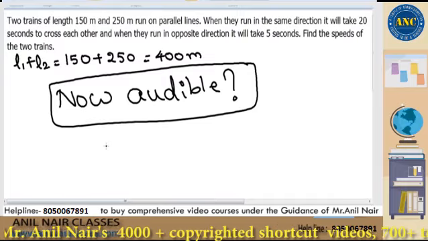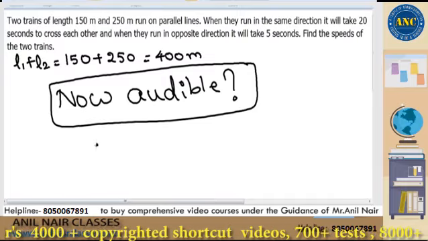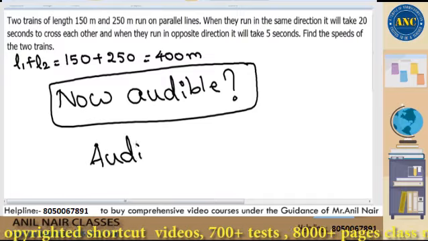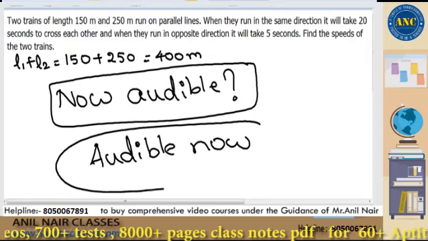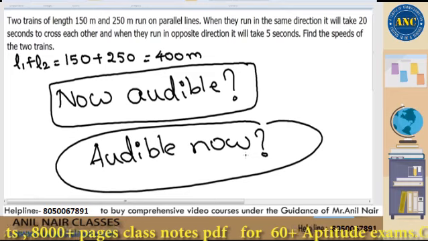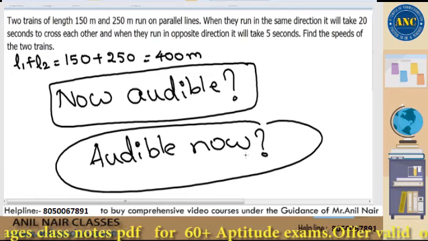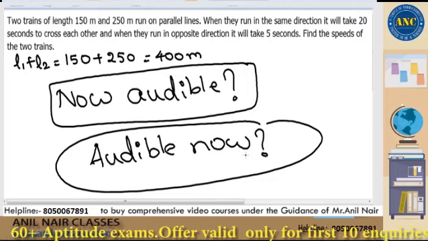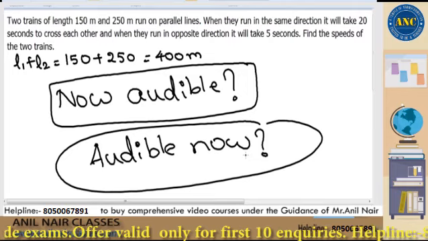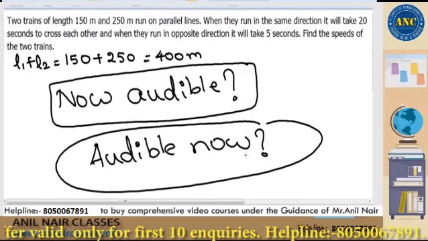I reconnected my audio system. Just check it now, sir. Is it audible now? Please check it now and give your feedback. Is it still not audible, sir? I reconnected my audio system.